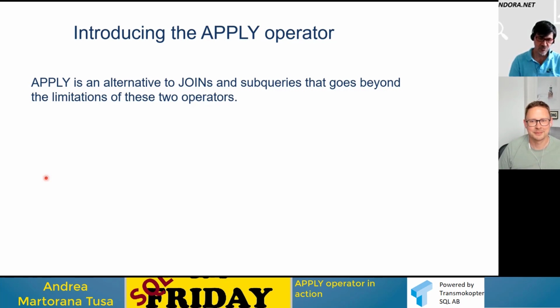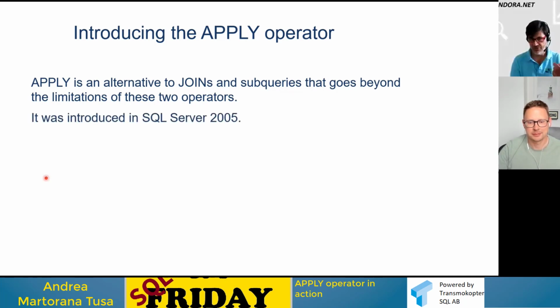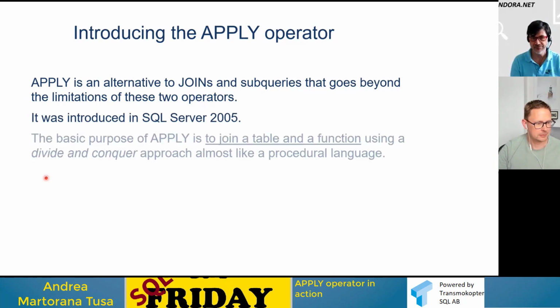I tried to sketch out some pictures on it, because it's not so easy to understand. But let's discuss how to use it. It's an alternative to joins and to subqueries, because you can face some limitations using these two operators. And it was introduced in SQL Server 2005.